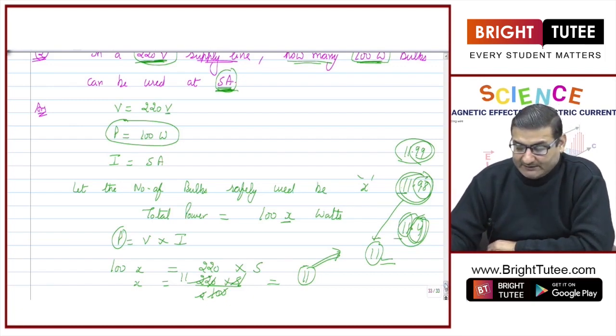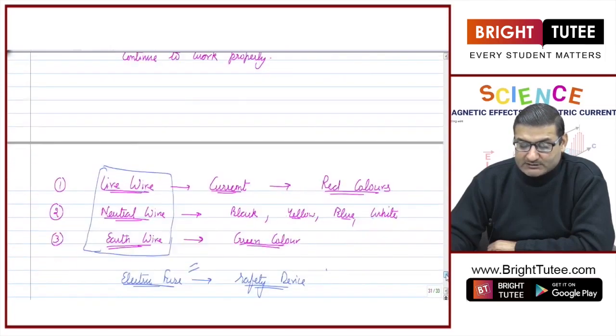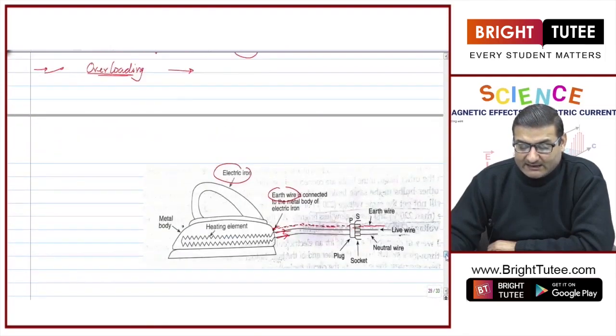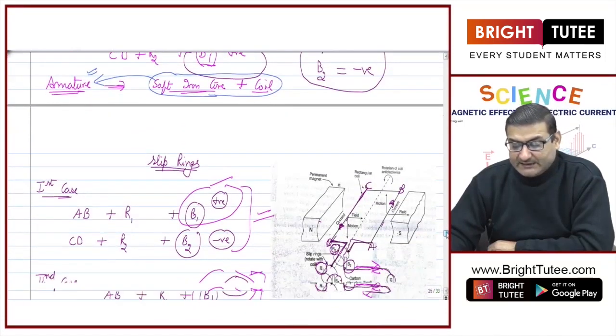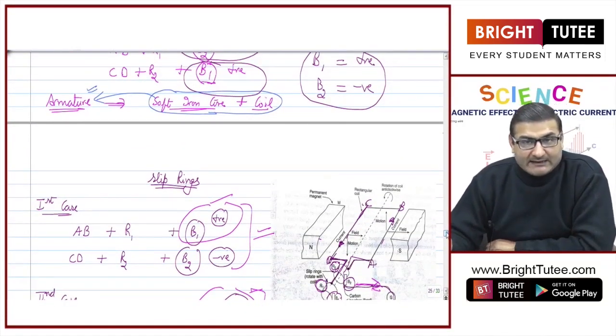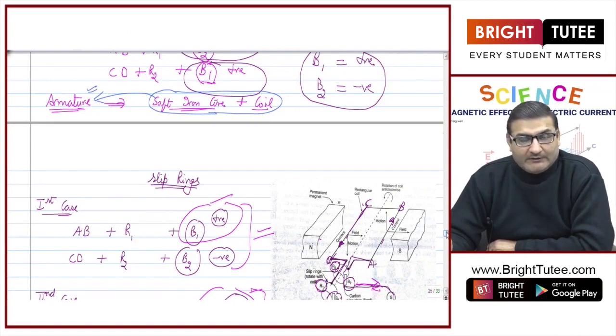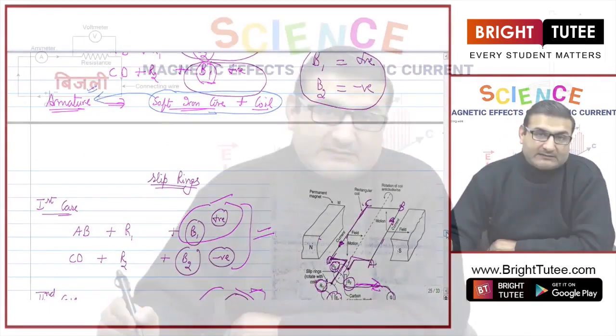Got it? Fine. So these are the two questions that you will be facing in your exam related to electricity and magnetic effects. I hope you have understood it all. Thank you for watching. Please try to relate and practice.